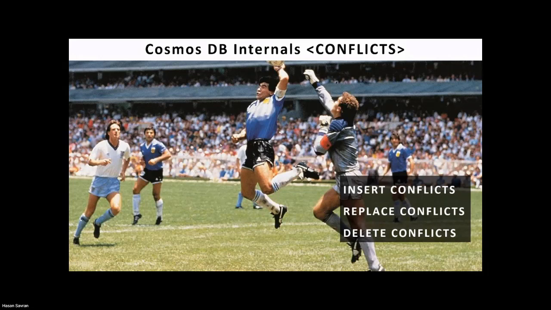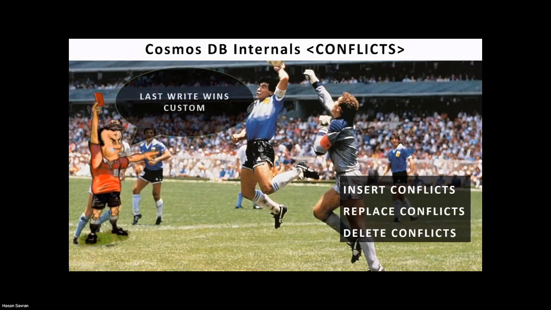What's going to happen when something like that occurs is our referee is going to come out of nowhere and say, well, stop it, we have a problem here. If you don't change any settings, the default is going to be last write wins.